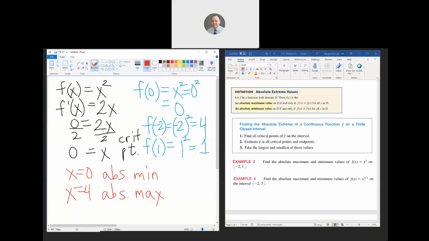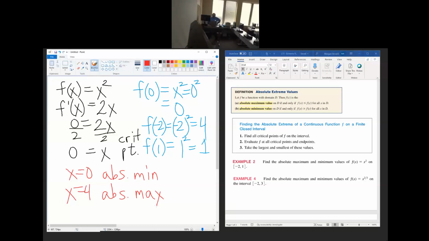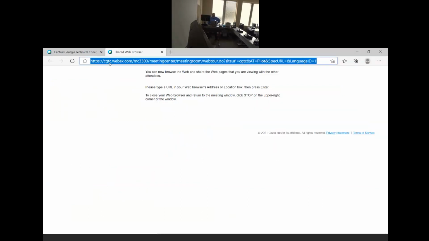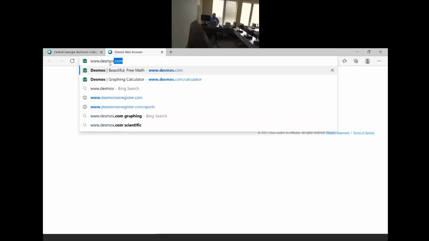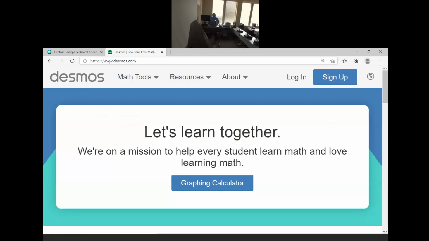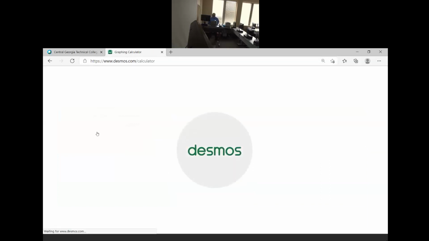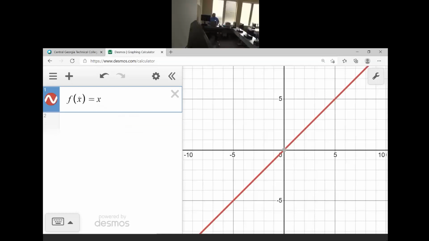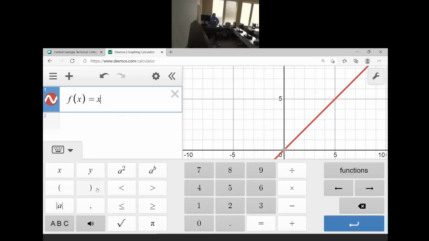Now I want to pull up Desmos and show you guys that all of this information is correct. So just 1 second, let me pull up Desmos. And type in our function, f of x equal to x squared.